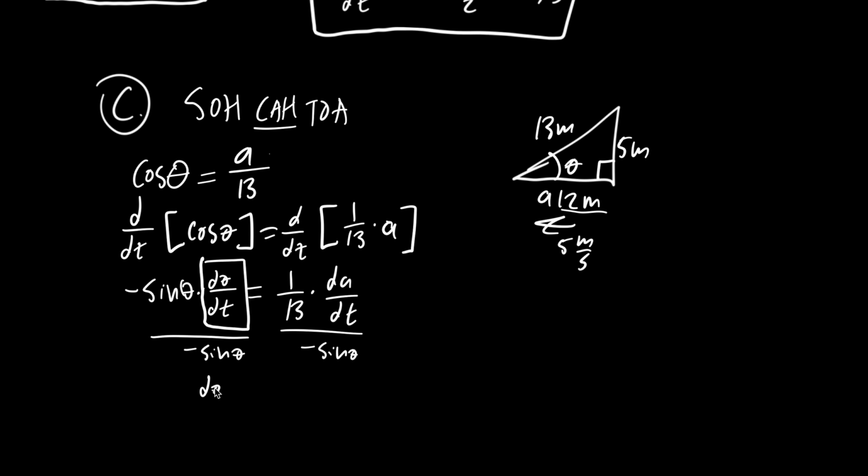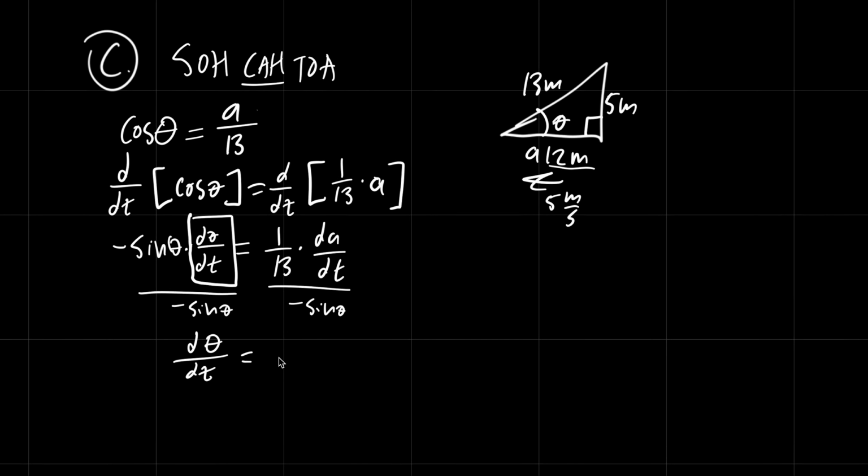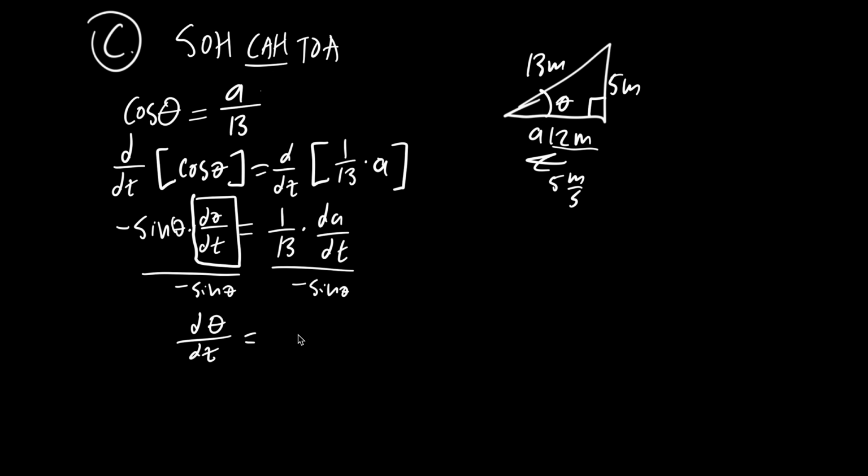So the rate of change of theta is going to be equal to 1 over 13 times derivative of A with respect to time over negative sine theta. But the problem is that we don't know what sine theta is.